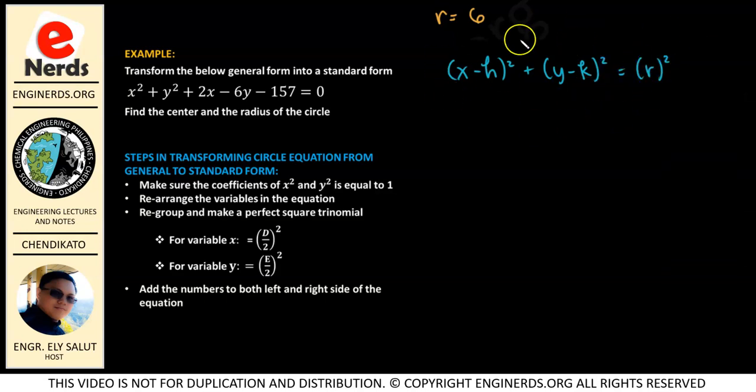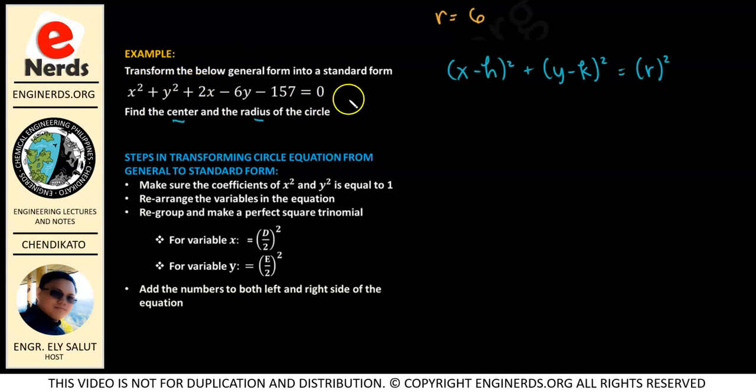So paulit-ulit kong sinusulat to, guys, para ma-memorize ninyo siya. Okay? Para maging familiar na kayo kung ano yung general and standard form ng ating circle, no? So ito yung gusto nating makuha, and then kukunin natin yung center and radius ng ating circle, no?